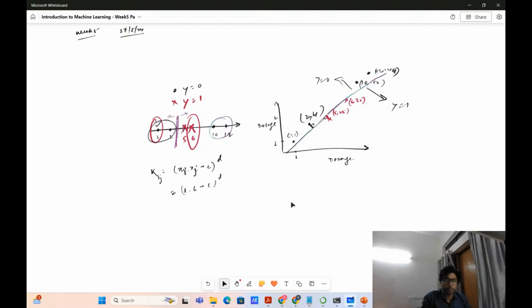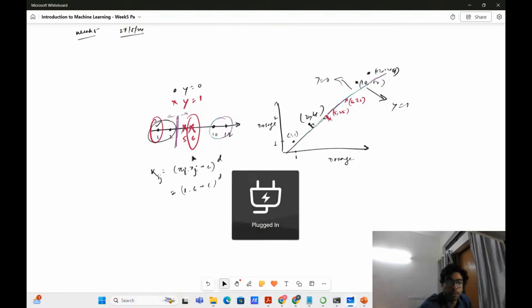But physically, you actually do not project it. What you do is you calculate this kernel function. This kernel function in the background is actually projecting it, but physically, you don't project your data.